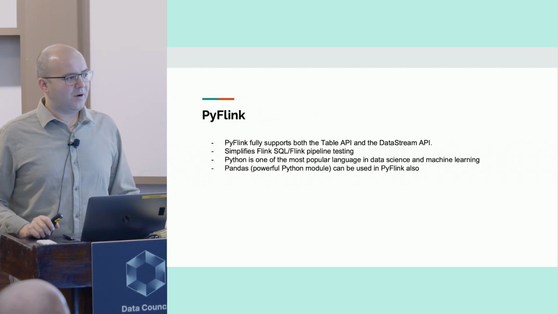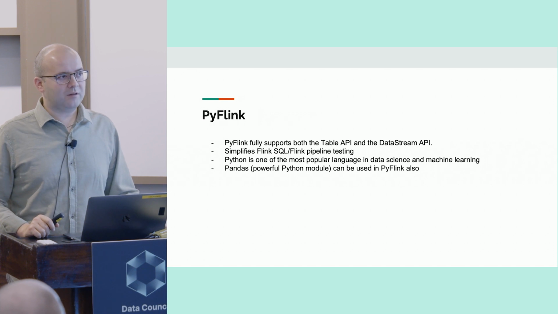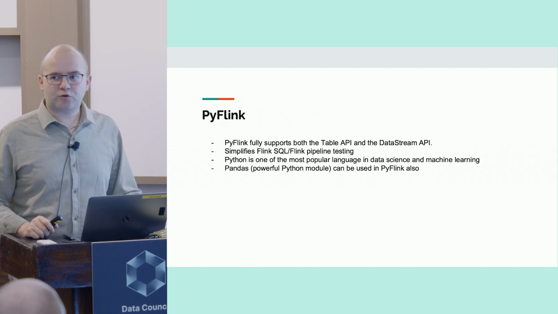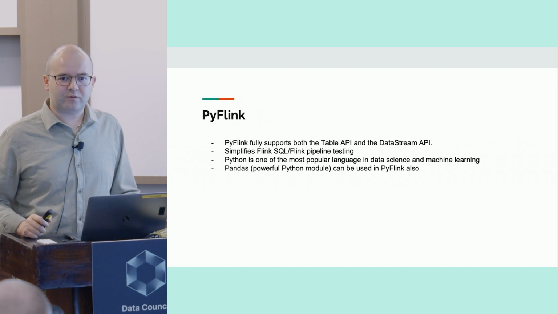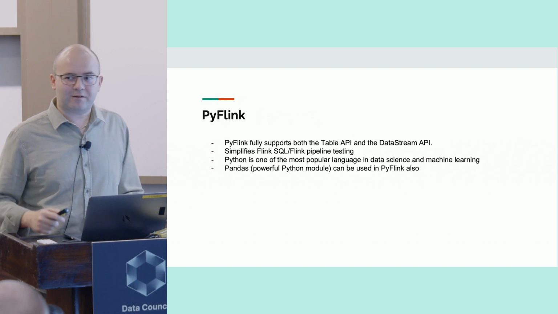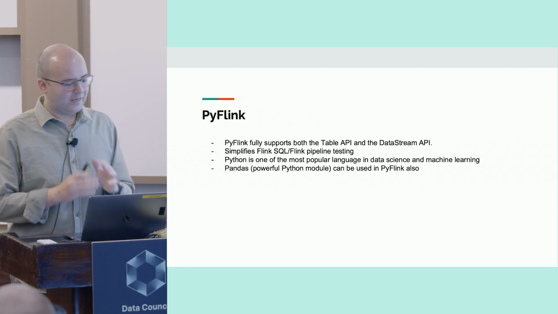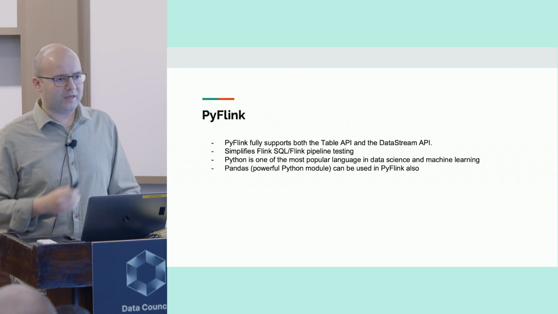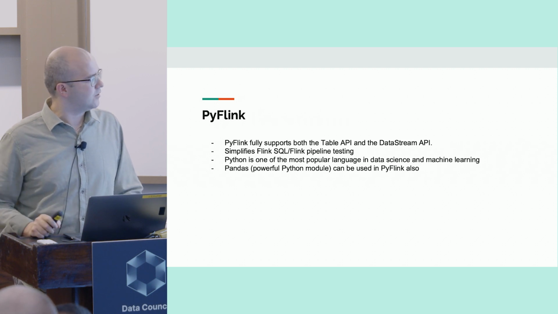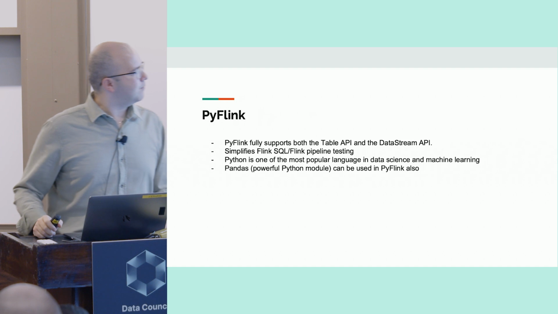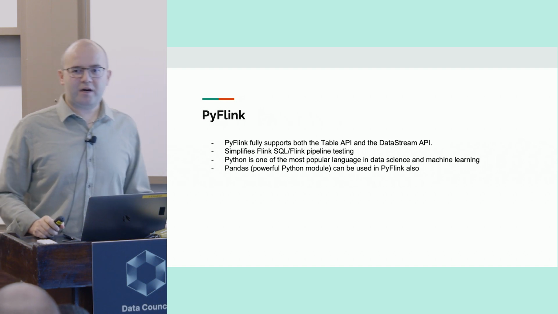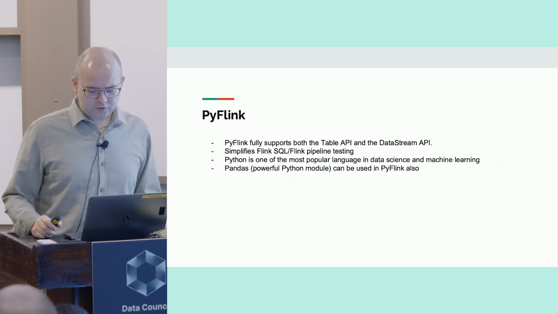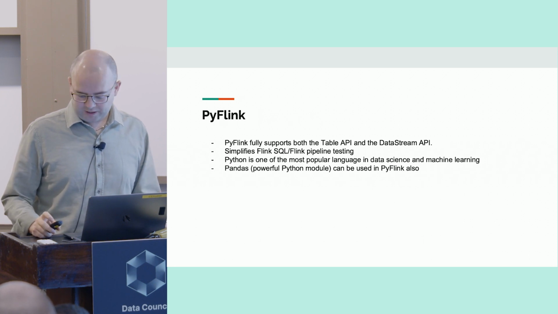Another reason I like PyFlink: in Flink SQL it's very easy to get started, but it's super hard to write tests. With PyFlink, you can write your tests way easier and test your end-to-end logic using unit tests or integration tests. And PyFlink nicely integrates with Pandas, one of the most widely used Python modules, which you can use with PyFlink also.